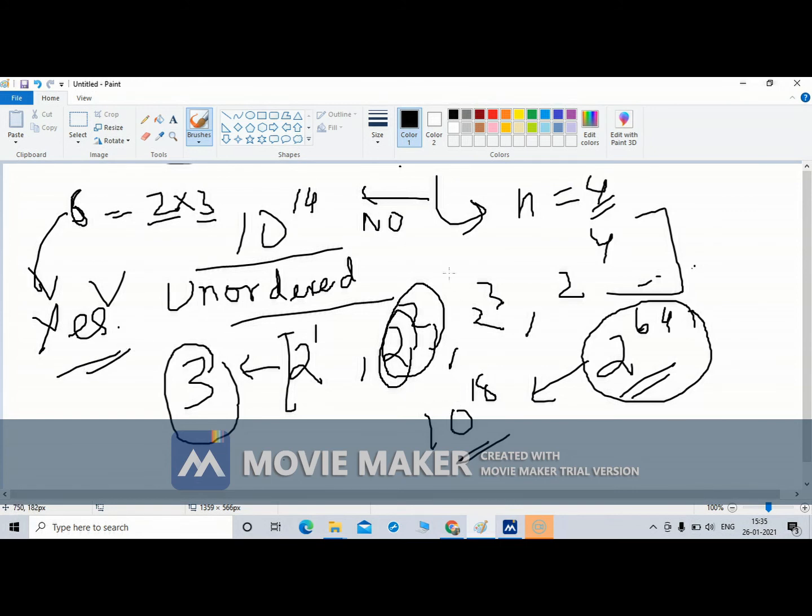That means we first store all the powers of 2, up to 2 raised to 64, in an unordered list or unordered map, whatever you say. Then when we get n, we check whether it exists in that unordered list or not.